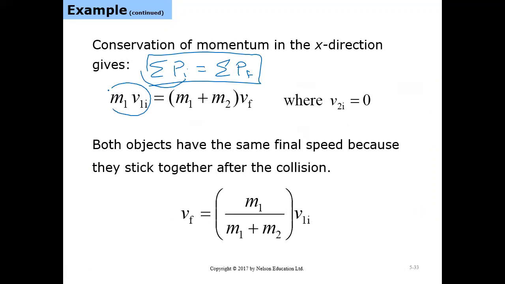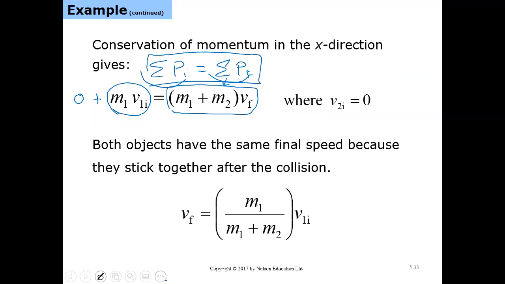Momentum of the first particle, which is m1 v1i, in one dimension, everything moving along the x-axis only, plus the momentum of the second one, which is 0 because v2i is equal to 0. It's a special example where one of the objects is at rest and the other one is coming with speed. Then after collision, this is the total momentum.